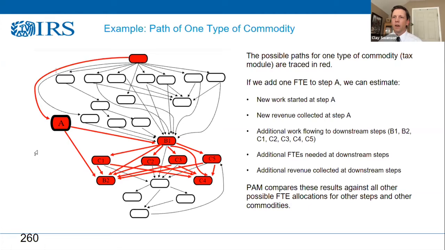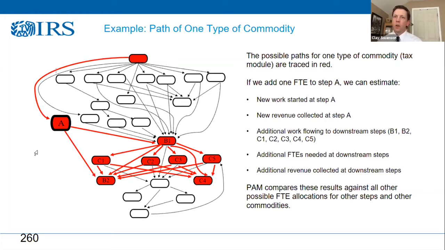Also, how much additional revenue has been earned at step A, given that we've started new downstream steps? How many additional modules travel to these downstream steps, such as step B1 and B2 and C1? How many phone calls are routed to B1 and B2 that we need to account for?